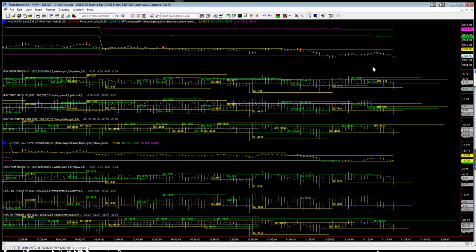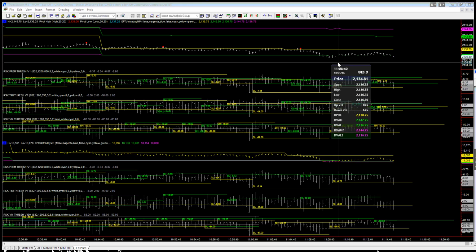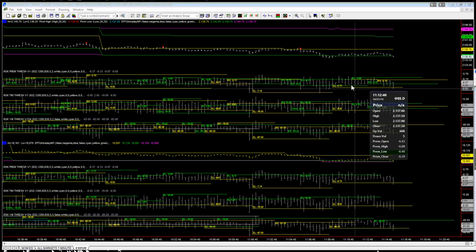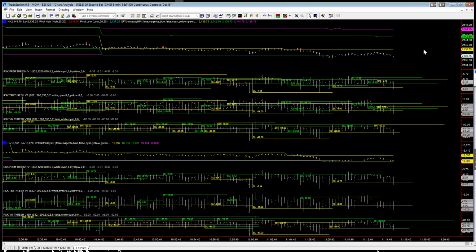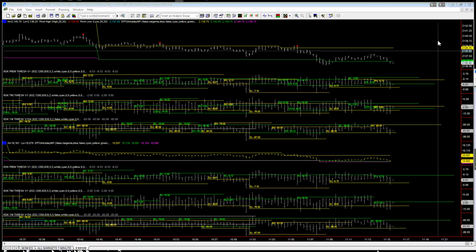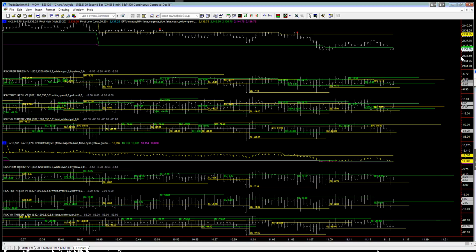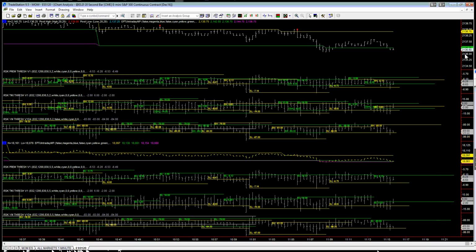You can see, as this market moved up from this divergence here at the low, give us a little bit more dimension here. Okay.